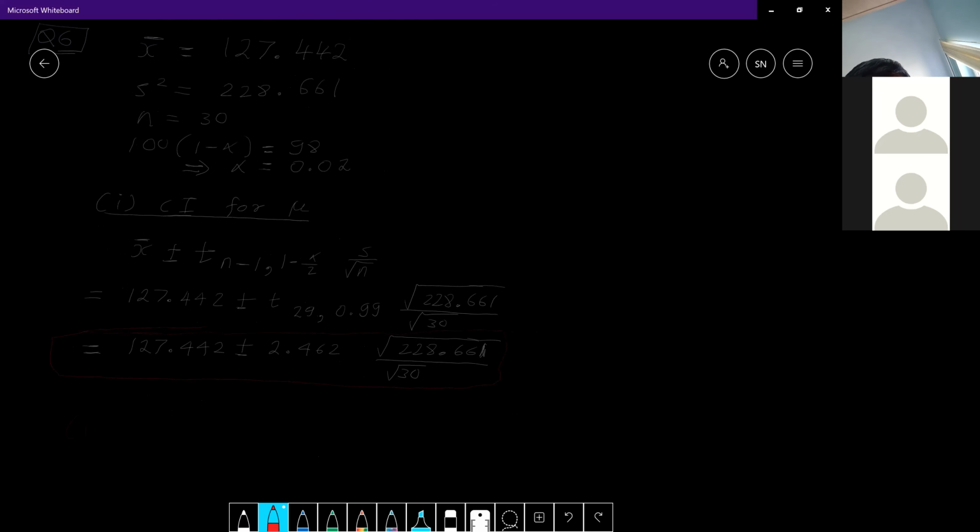Now part 2 is asking you for the confidence interval for sigma squared. If you look at the notes I gave you, the confidence interval for sigma squared is the following.